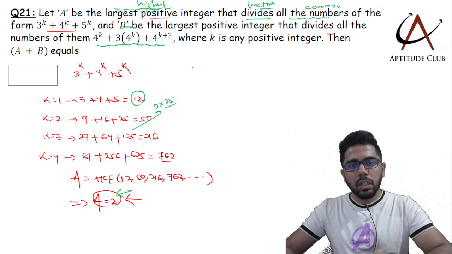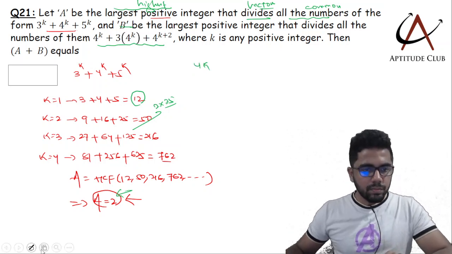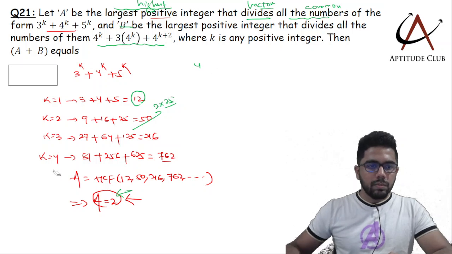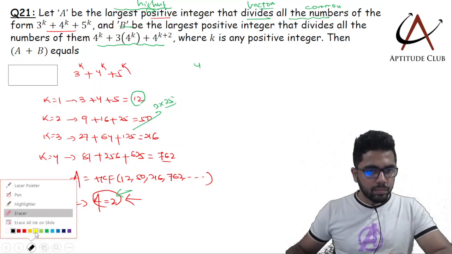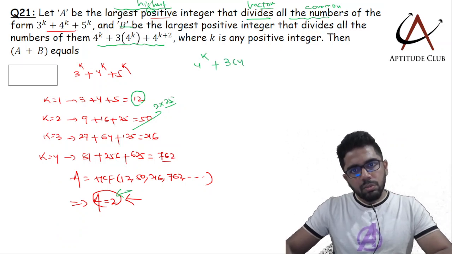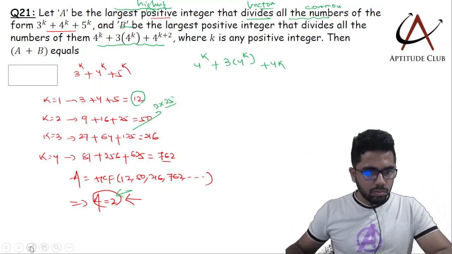तो अगर ये नंबर ले रहा हूं मैं, देखो ये 4 टू द पावर k प्लस 3 इंटू 4 टू द पावर k प्लस 4 टू द पावर k प्लस 2.